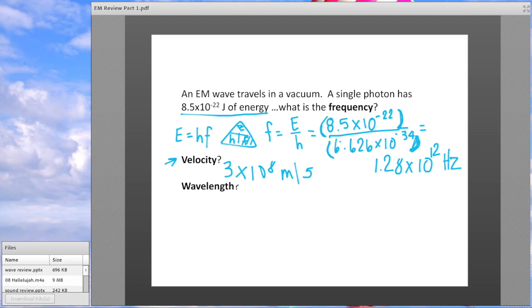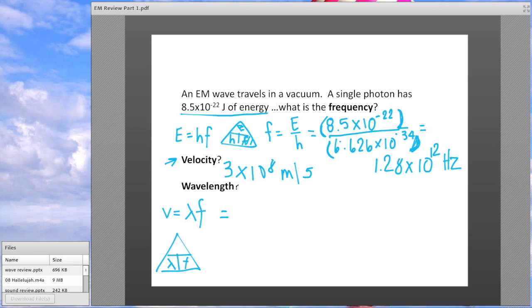I wish you guys could see my calculator because it's just the one on my computer, so it has like 30 spaces of number. So it's 1.28 times 10 to the 12. Okay, which kind of makes sense because 34 minus 22 is like 12.